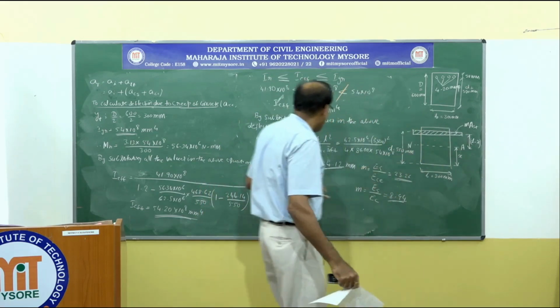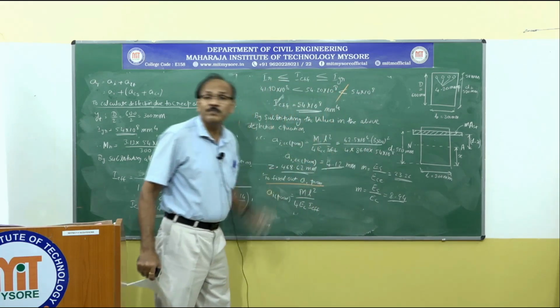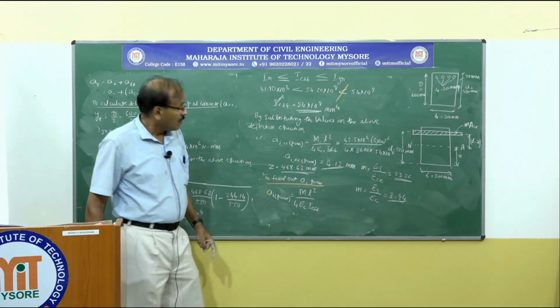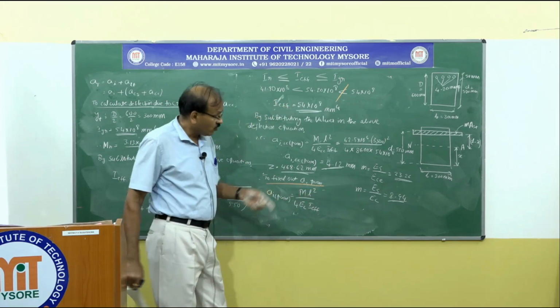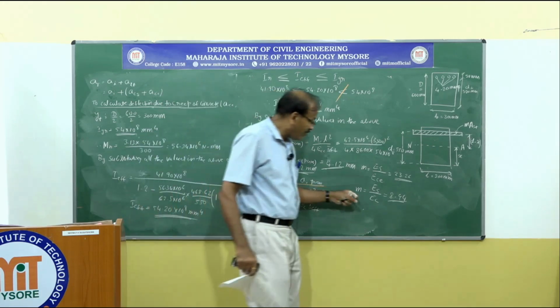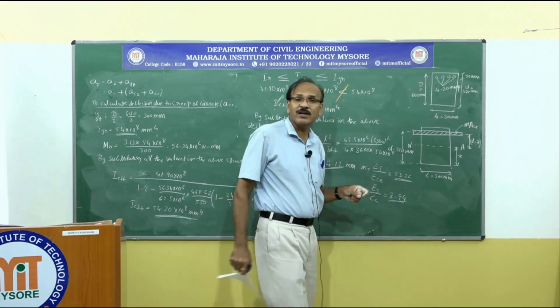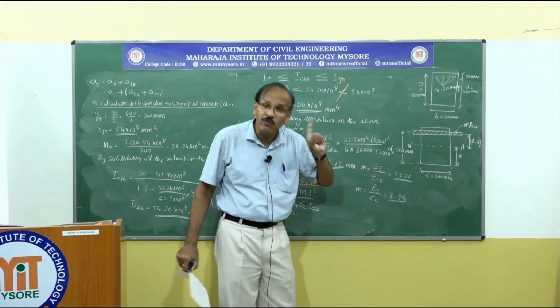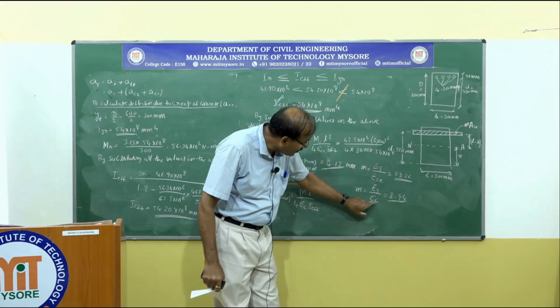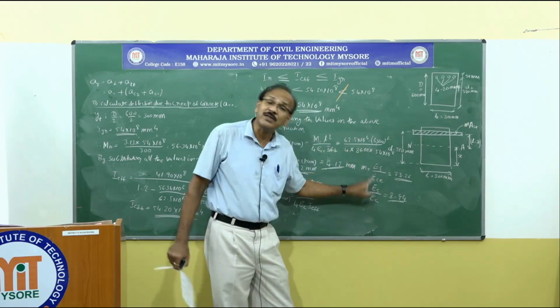We got this value. Now, for immediate deflection, what we need to do is make use of this modular ratio, that is 8.94, which was calculated using EC value but not ECE.